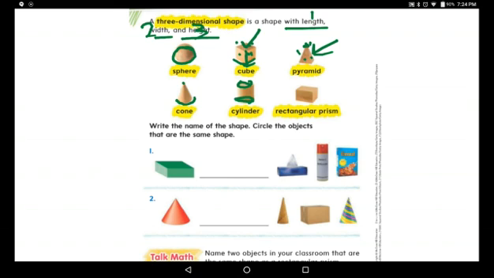Now, look at the rectangular prism. The rectangular prism has similar opposite sides. This one is similar to the opposite one, the one that is facing it. They both are squares. And this up and down is rectangle.